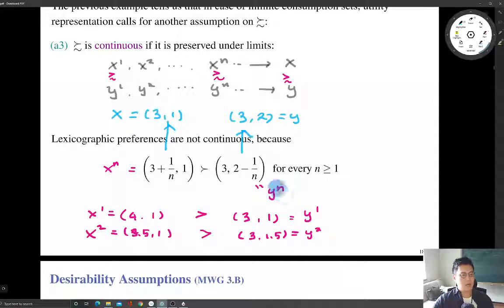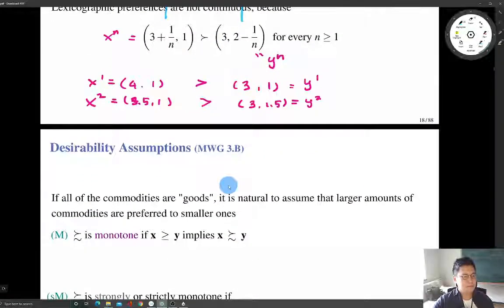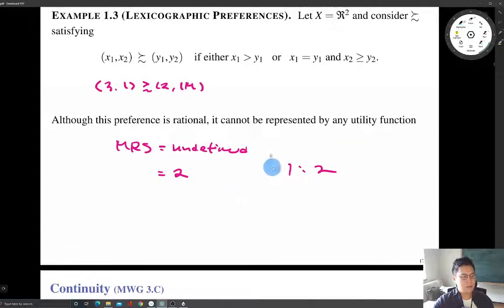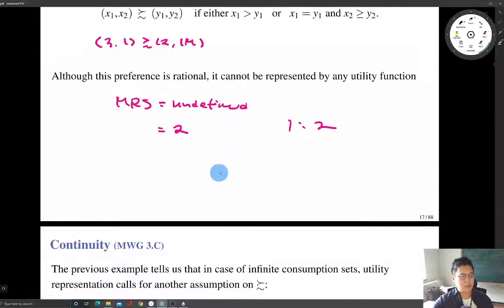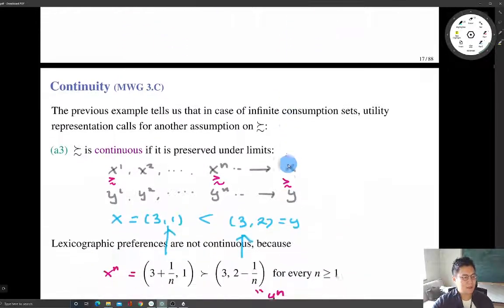Now comparing these two limit points, limit bundle y is strictly better than limit bundle x. So the preference order is reversed in the limit. So it is not continuous. This is the main reason why lexicographic preference has no utility function.